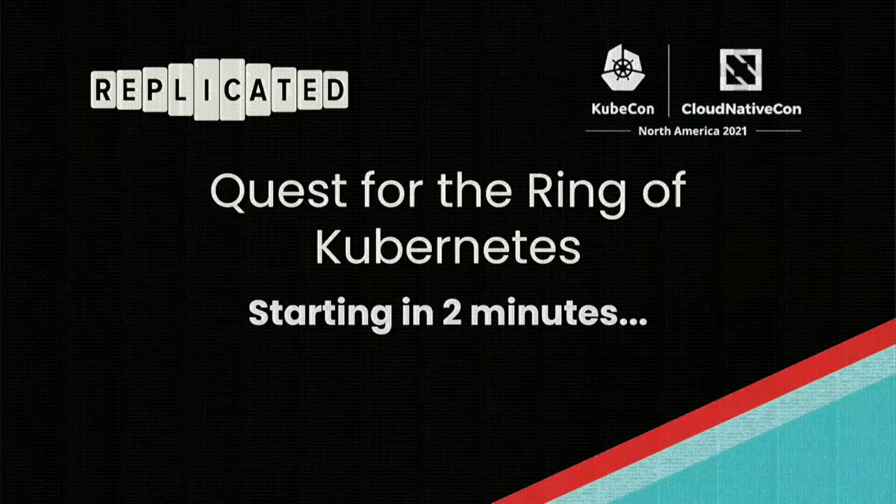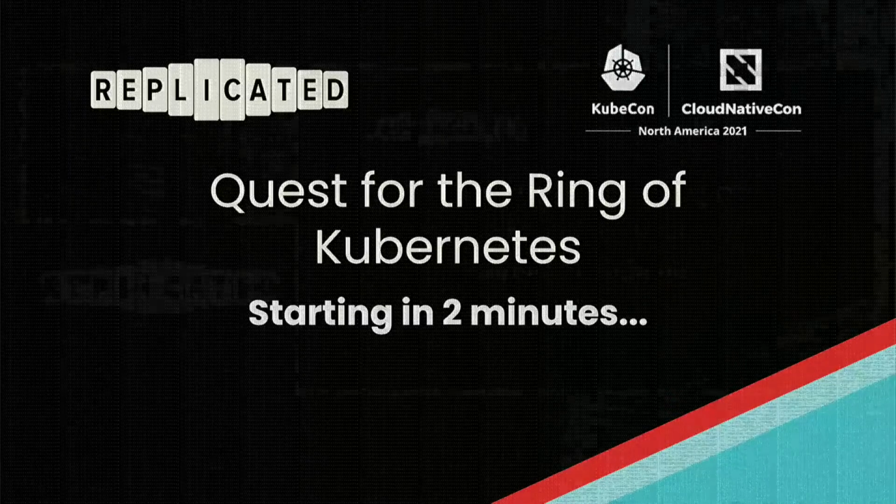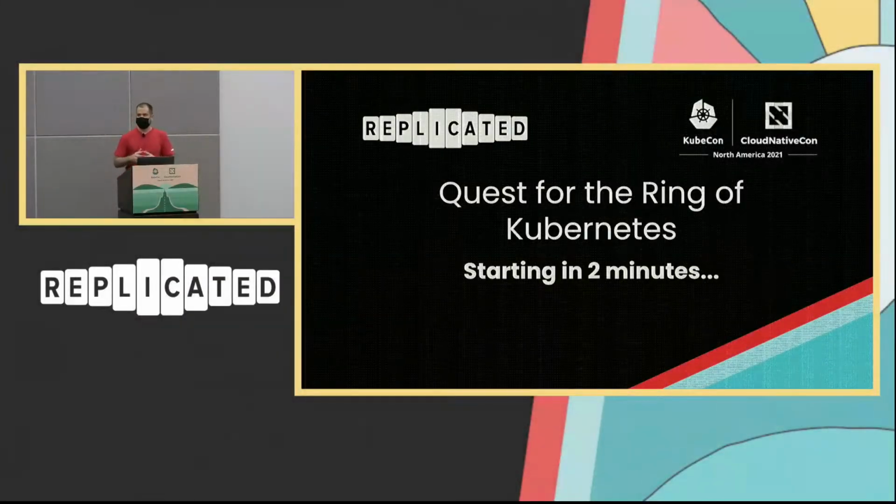Now, a bit of housekeeping. For those of you here in person, we have provisioned VMs, and you should have received an email with an IP address. I sent it last night. It would have come from myself, Fernando at replicated.com. The password is cloud native, all lowercase.